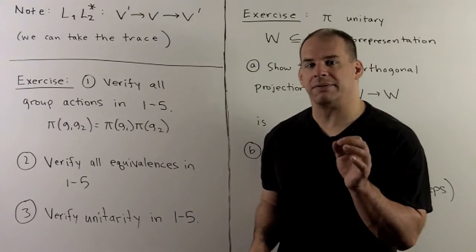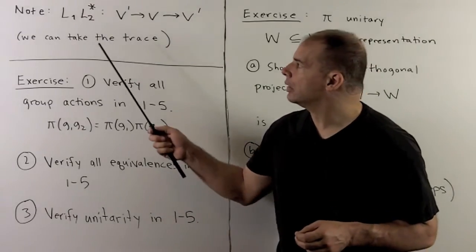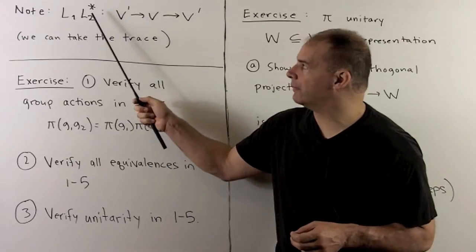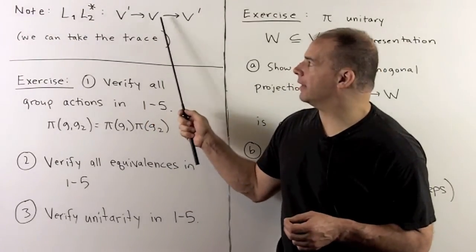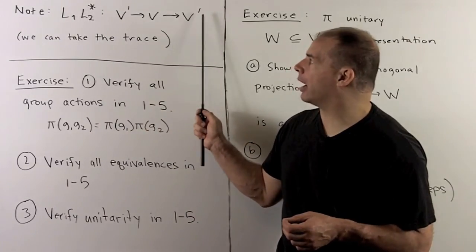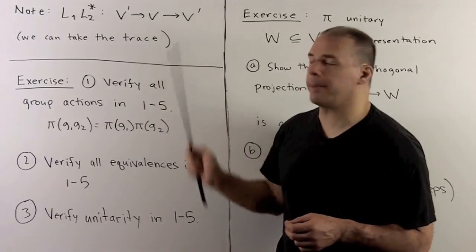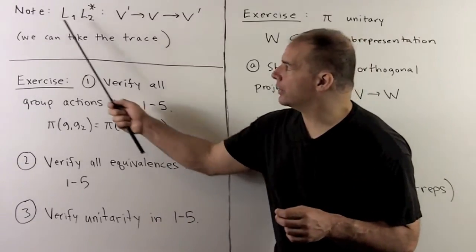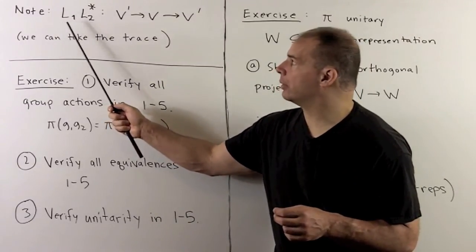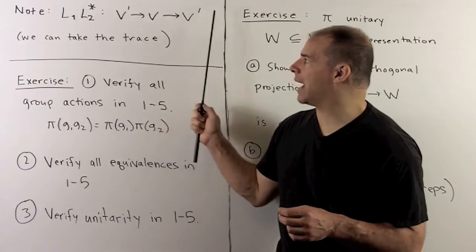A final note on the definition of the inner product. If we compose L1 with the adjoint of L2, we're going to go from V prime to V, and then from V to V prime. So we're going to go from V prime to V prime, and it makes sense to take the trace. Note, this will work if we switch the order also. Then we'd be going from V back to V.